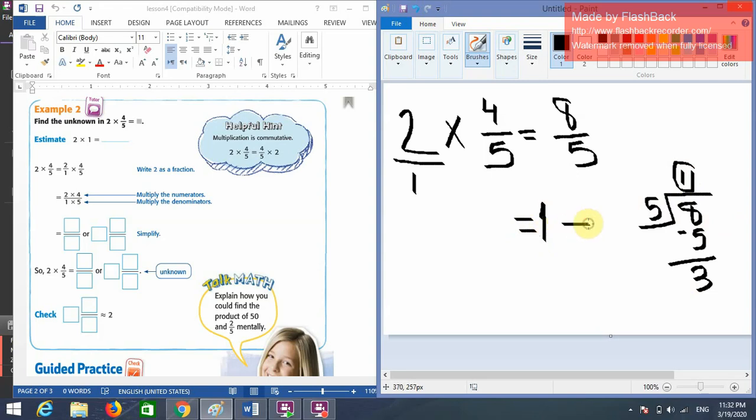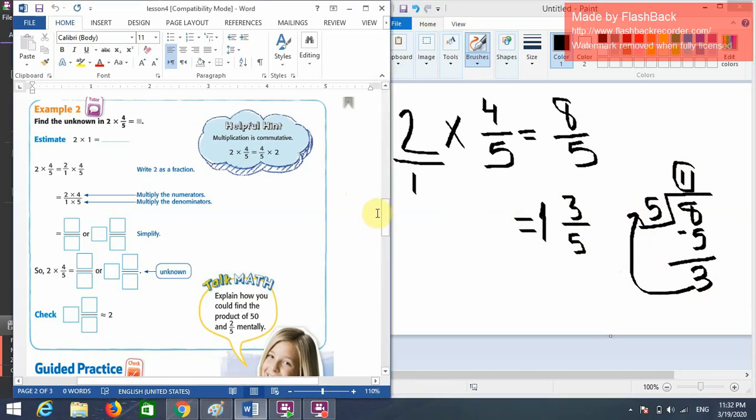Then I want to write the fraction. When I write the fraction, take the remainder up, 3. Then the divisor down, 5. So 1 and 3/5. Till here I put the final answer, 1 and 3/5. Easy? Okay.